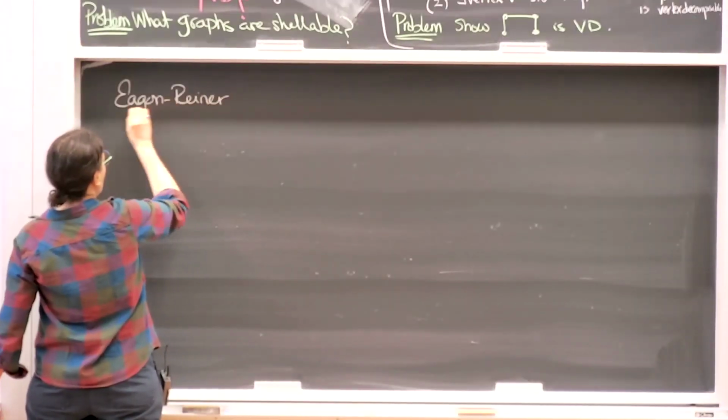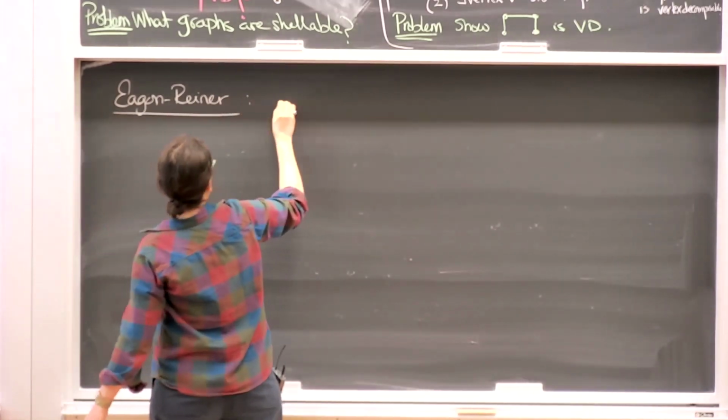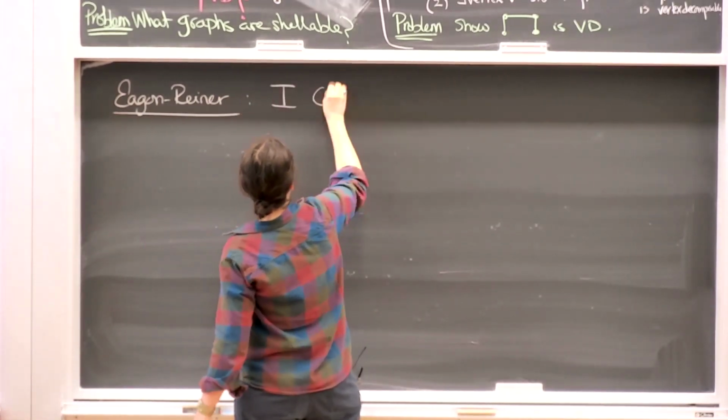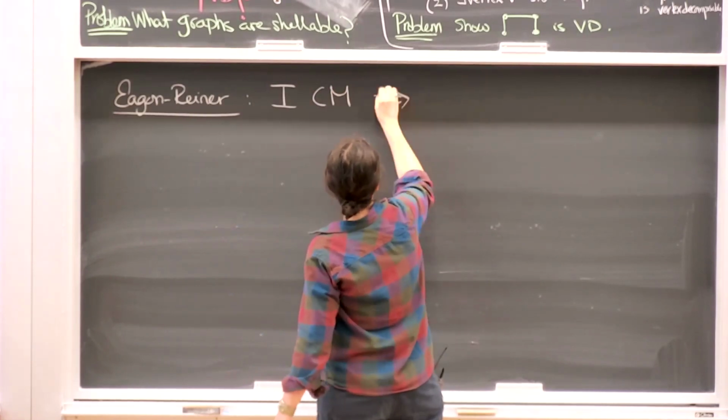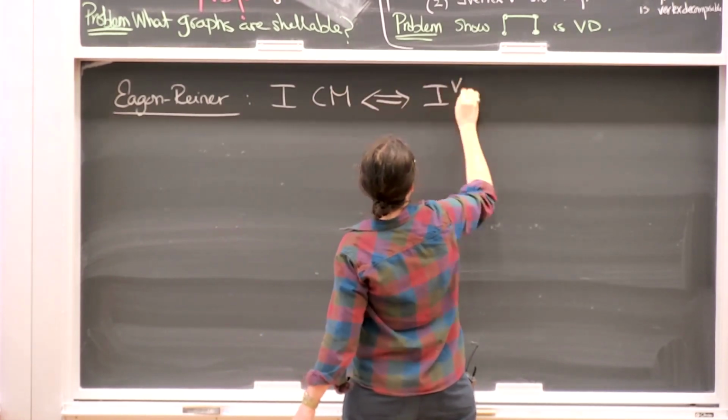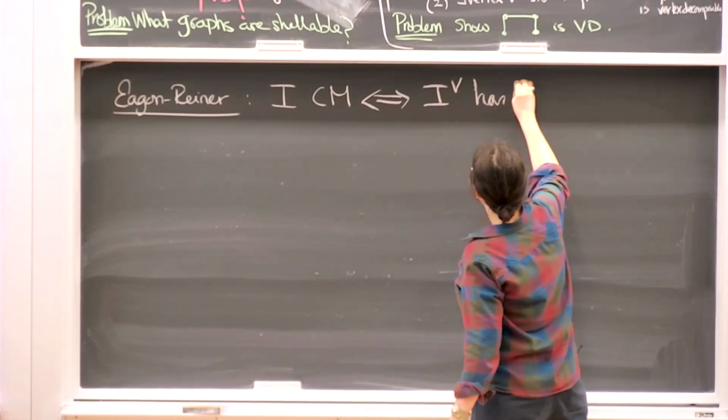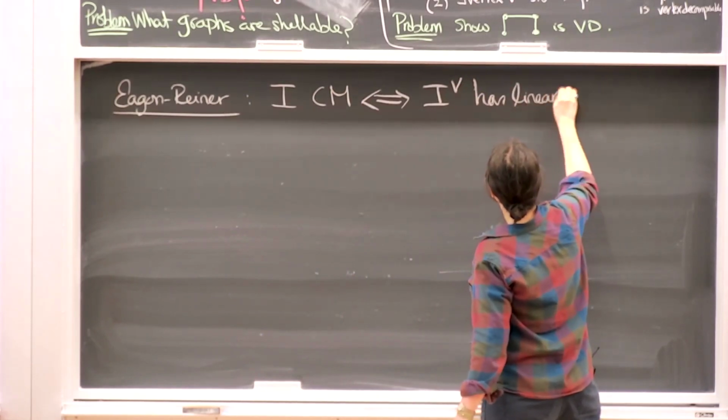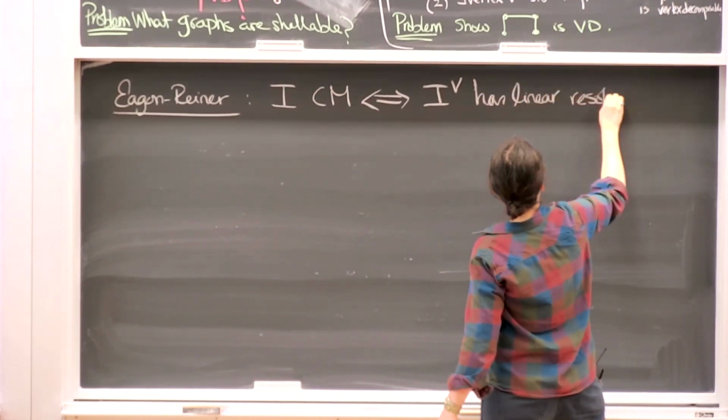Again, in the realm of square-free monomial ideals, I is Cohen-Macaulay if and only if I-dual has linear resolution.